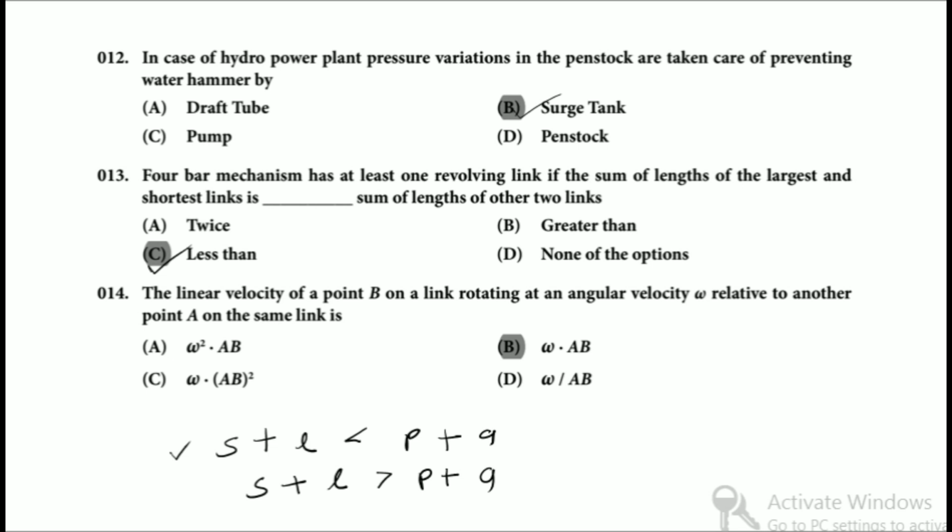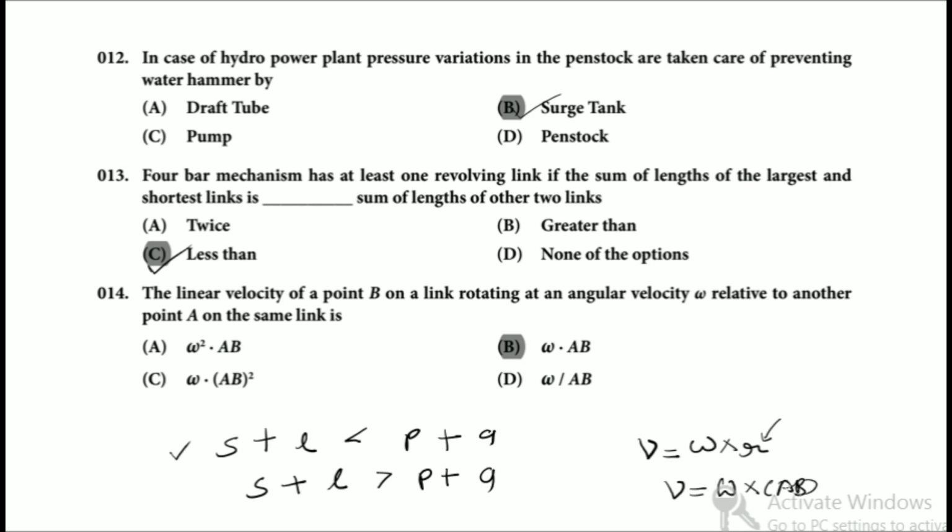So if you know the equation to find the linear velocity in terms of angular velocity, it shows as v equals omega times r, where r is the radius, omega is the angular velocity, and v is the linear velocity. For the link, you can write v equals omega times AB.